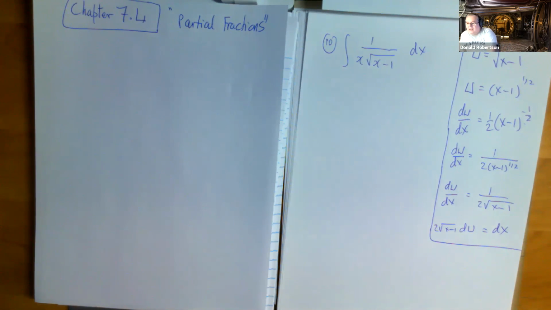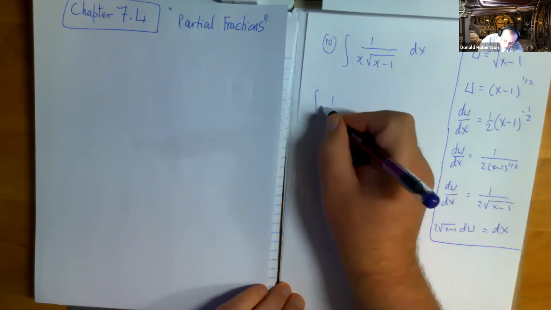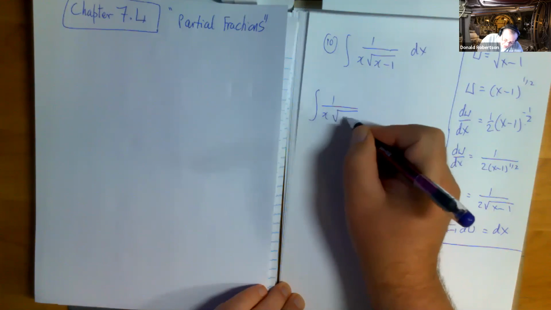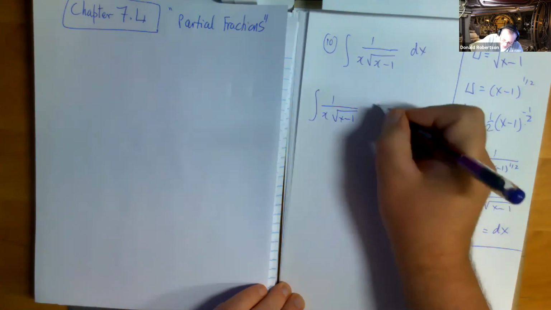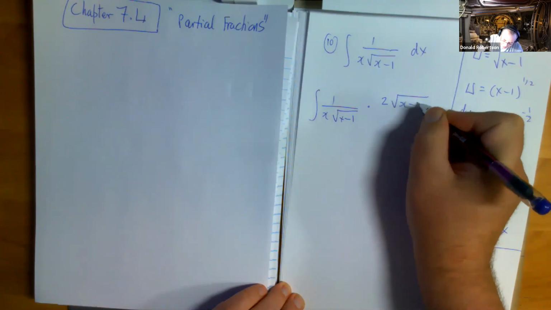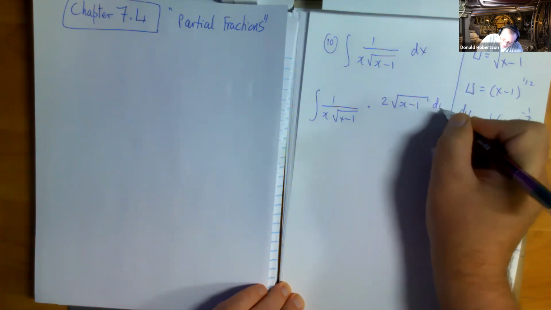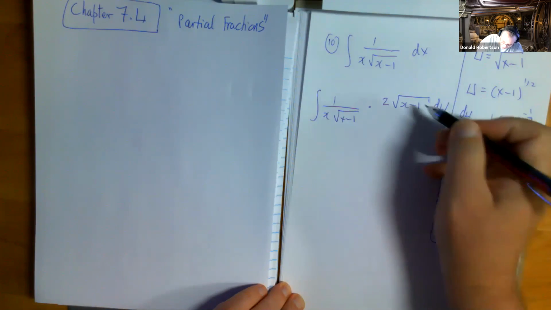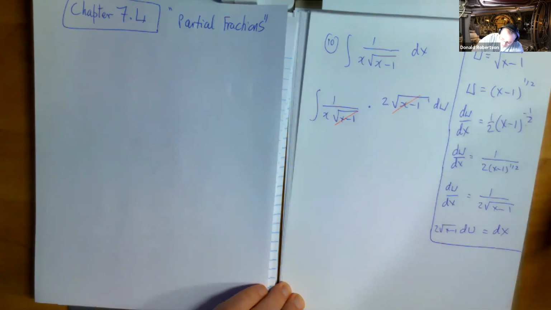We've also isolated the dx. So over here, I have 1 over x, the square root of x minus 1, times dx, which becomes 2 lots of the square root of x minus 1 du. And that cancels, which is really nice.